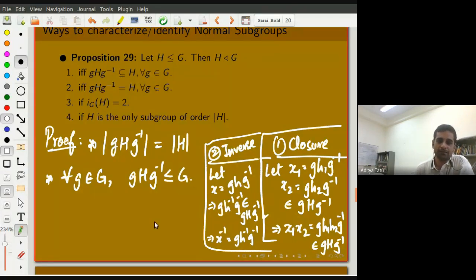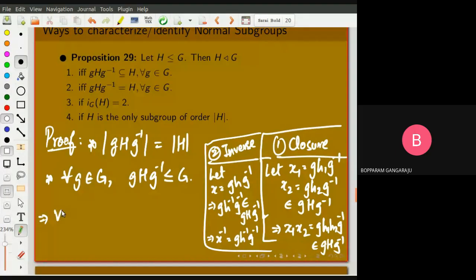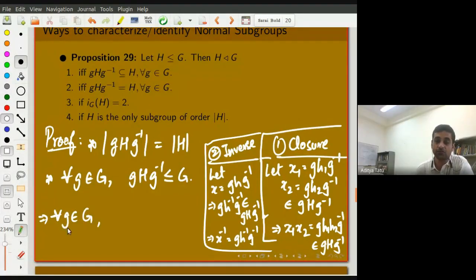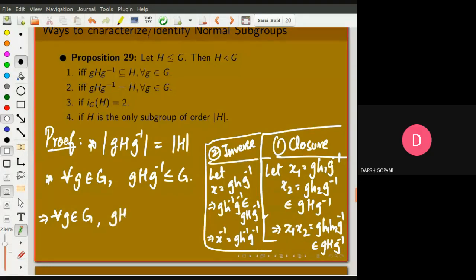See, the number of elements in this subgroup gHg inverse for every g is the same as the number of elements in the subgroup H. But we have also said that H is the only subgroup of that order. So gHg inverse is equal to H, and that is true for all g.